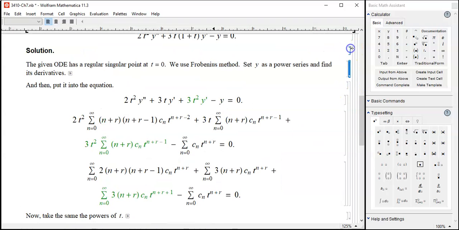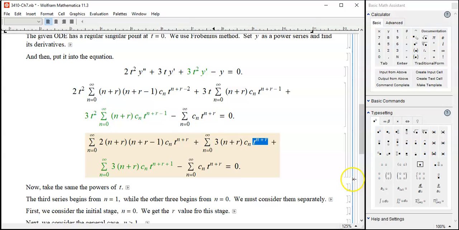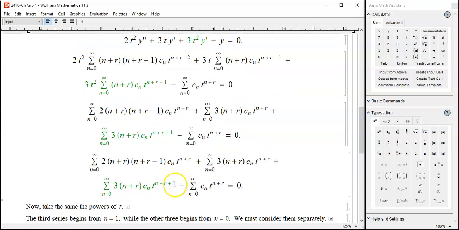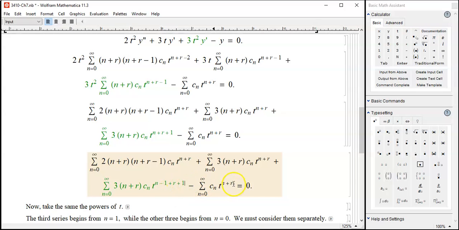Okay? Let's work out this part, especially the green part, and then I want the same power. Let's do the index shifting. How do we do that? Okay, eventually I want n plus r in there, so if I start from n minus 1 plus r plus 1, then that'll become the same power.